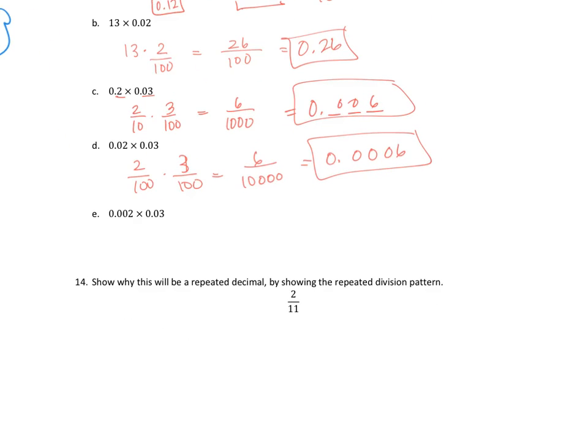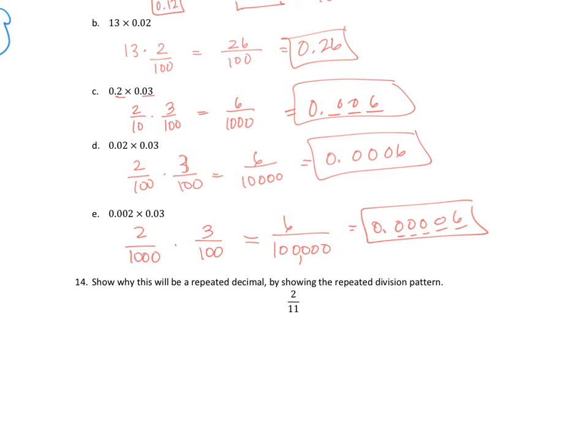And the last one, 2 thousandths now, times 3/100ths. We're going to get 6 hundred thousandths, so tenths, hundredths, thousandths, 10 thousandths, 100 thousandths. Lots of decimal places there.